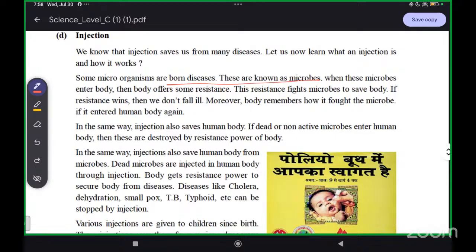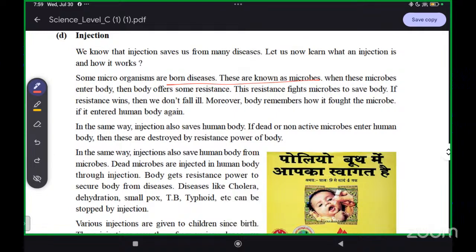Which blood cells are responsible to fight with the disease causing bacteria inside our body? White blood cells.